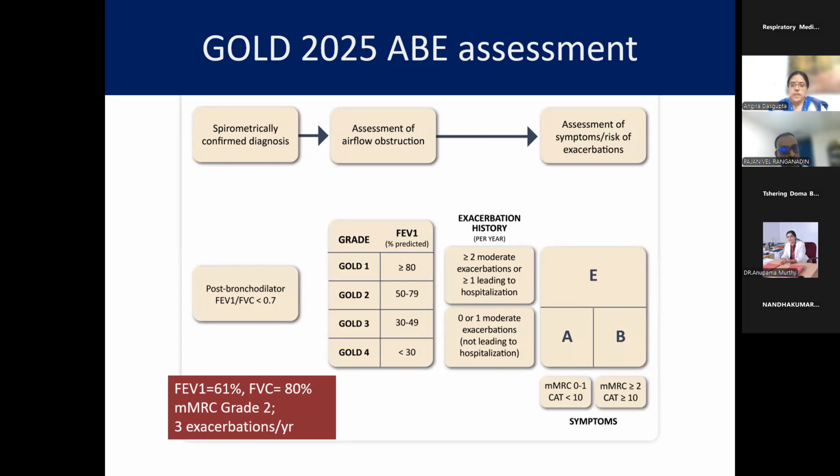But if you look at the exacerbation history and the functional grades and the spirometry, it's quite evident that C and D have been replaced by E. And thus, our patient who has an mMRC grade 2, an exacerbation rate which is more than 3 per year, and an FEV1 which was 61%, belongs to group E.